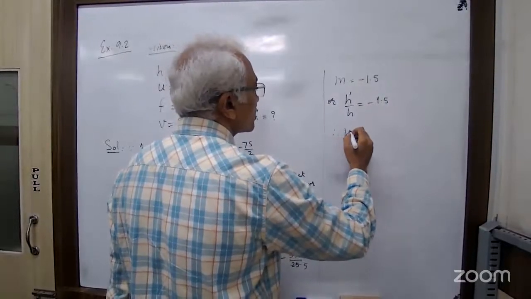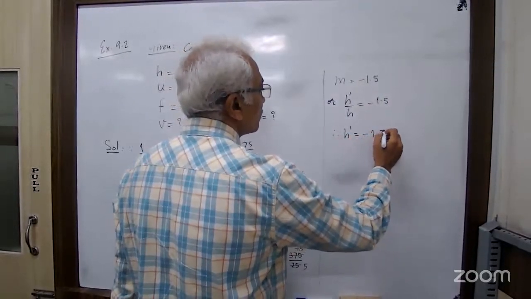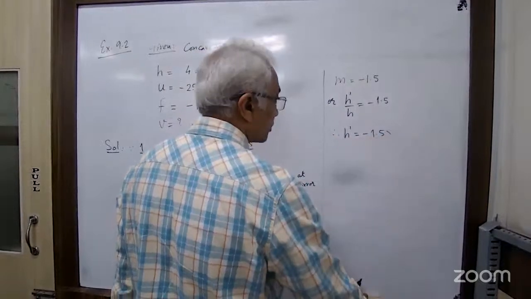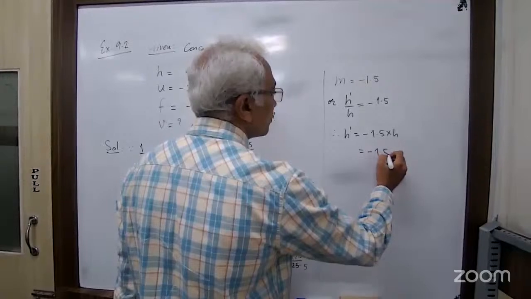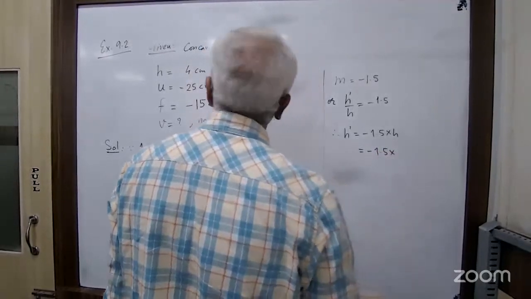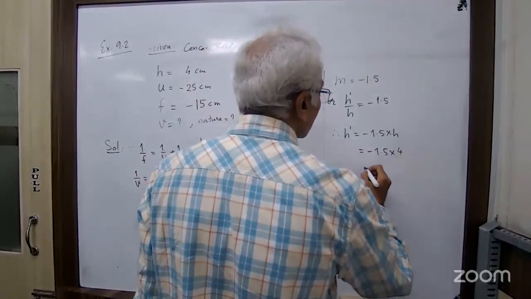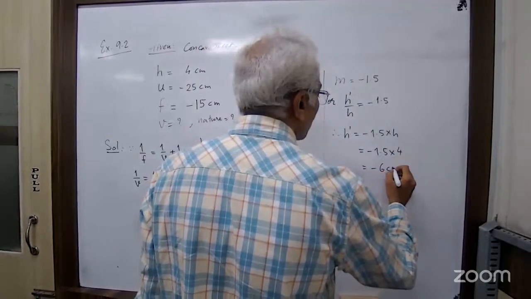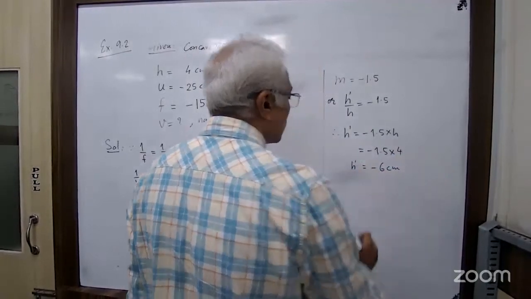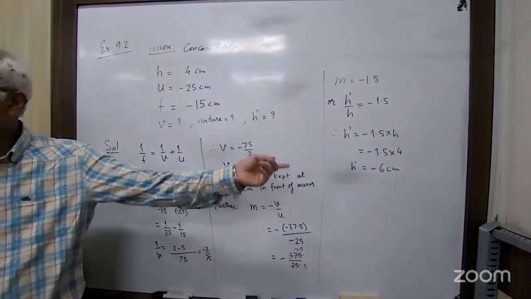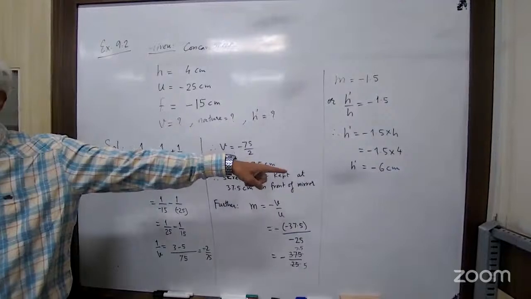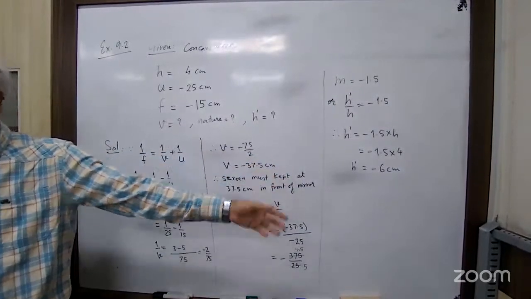Therefore H dash is equal to minus 1.5 into H, which is minus 1.5 into 4, minus 6. This is minus 6 centimeter. So H dash is 6 centimeter, inverted because it is below the principal axis, so it is real and inverted.